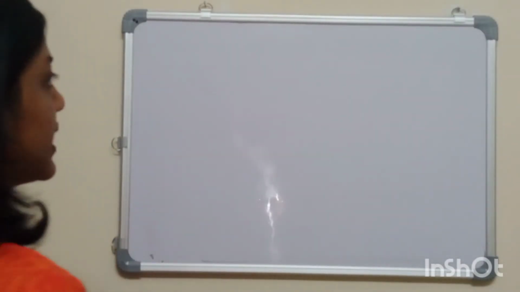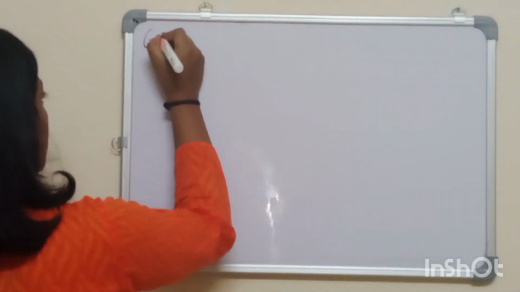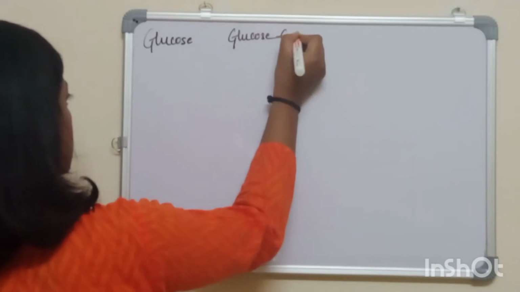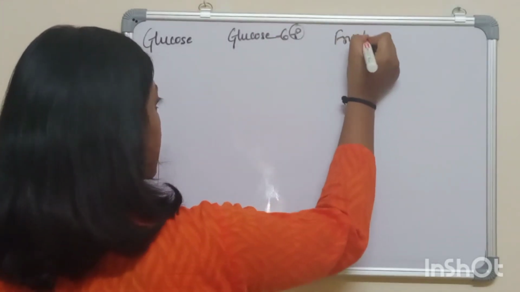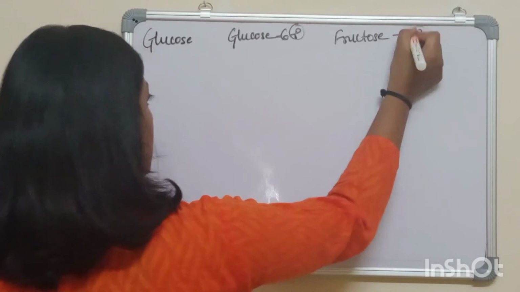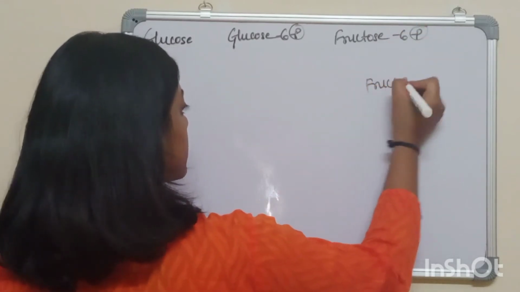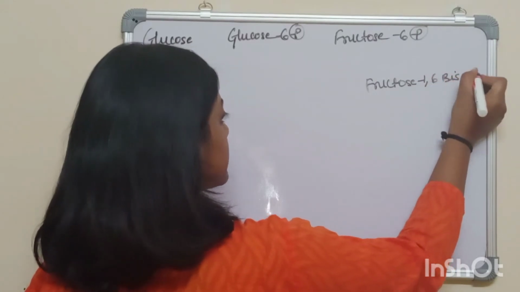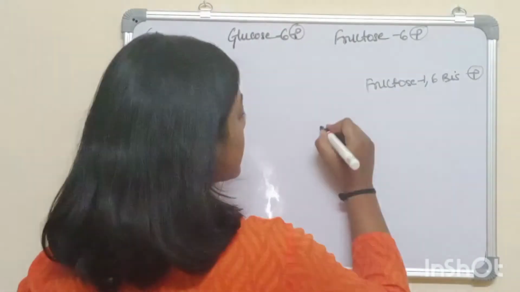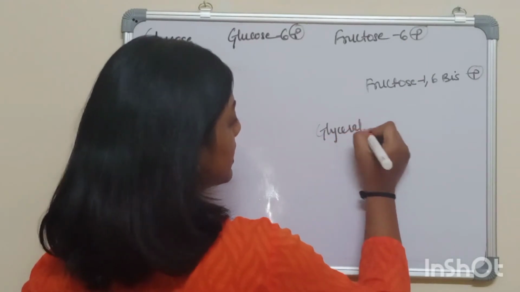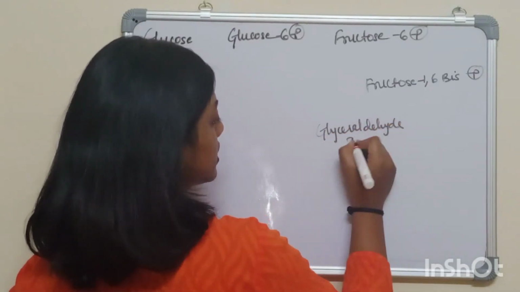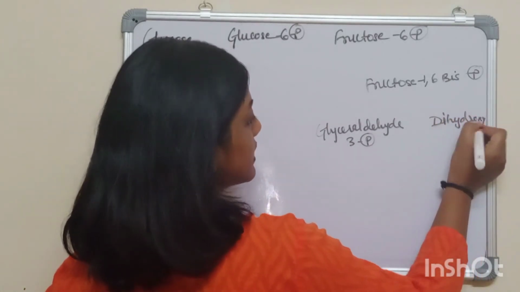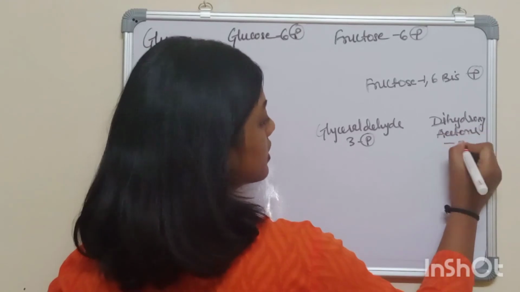I will explain it once again in a simpler form. Glucose 6-phosphate, fructose 6-phosphate, fructose 1,6-bisphosphate, then glyceraldehyde 3-phosphate and dihydroxyacetone phosphate.